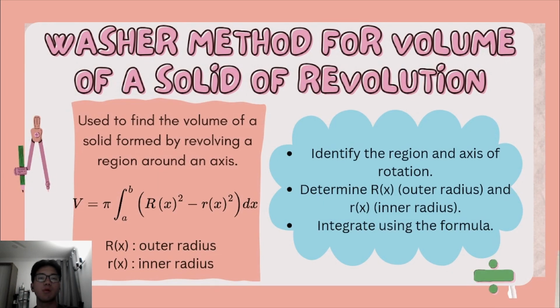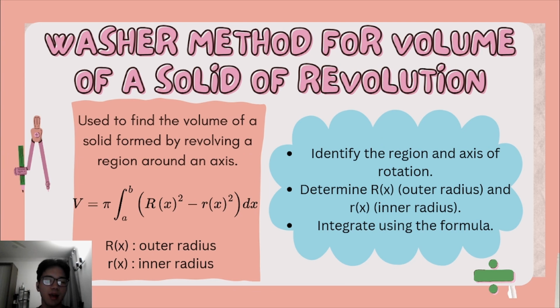Now it's going to be the Washer method for the volume of solids of revolution. This method is used to find the volume of the solid formed by revolving a region around an axis. As you can see, the formula is V equals pi times the integral from a to b of the big bracket R of x squared minus small r of x squared, close big bracket, dx.